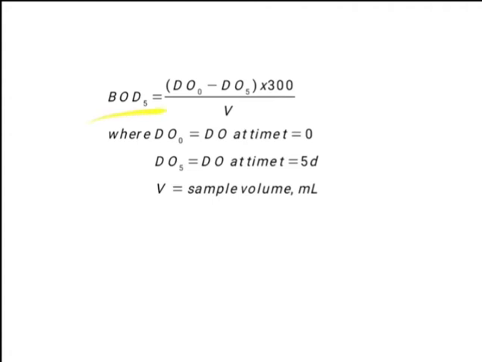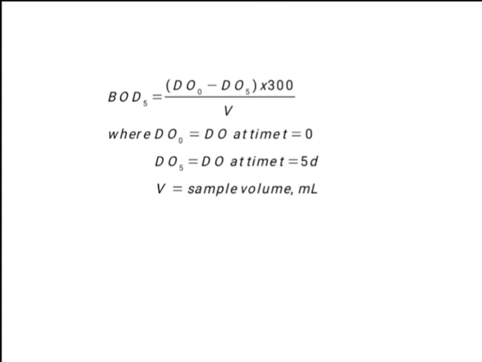Biological oxygen demand after 5 days is equal to dissolved oxygen when time is 0, meaning the freshly prepared solution, at which time we measured the dissolved oxygen, and after 5 days of incubation, meaning dissolved oxygen at time t equal to 5 days.